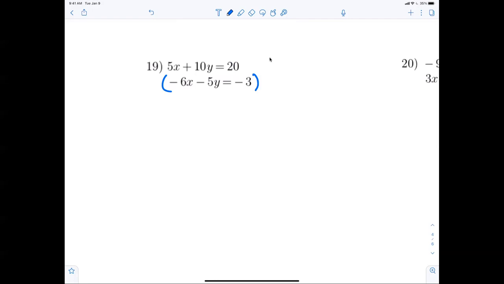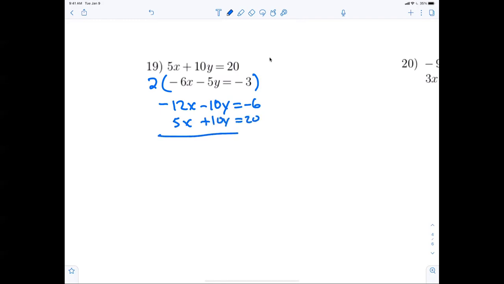-12x minus 10 equals -6. And then you do 5x plus 10y equals 20.